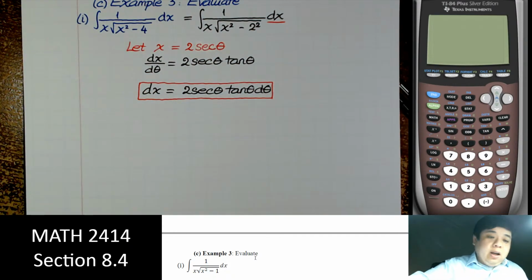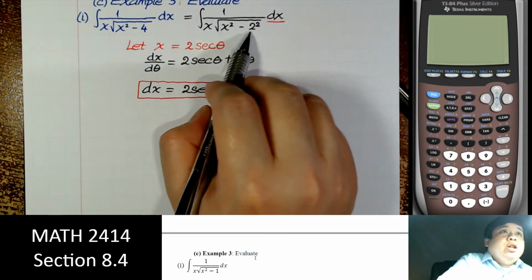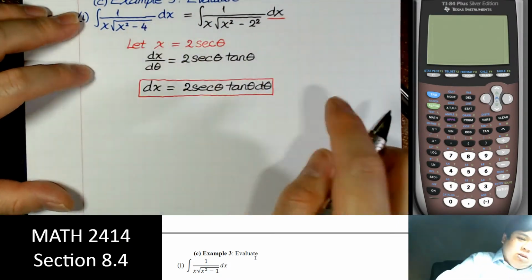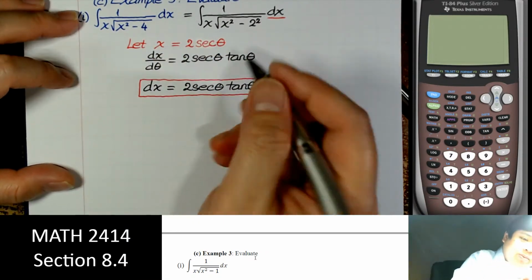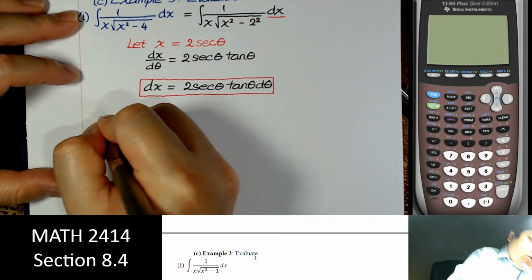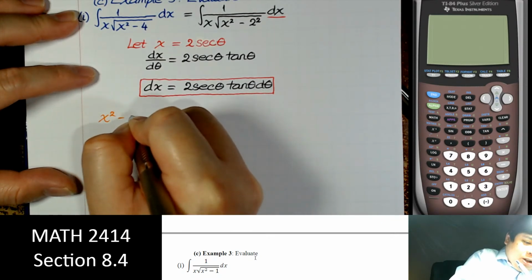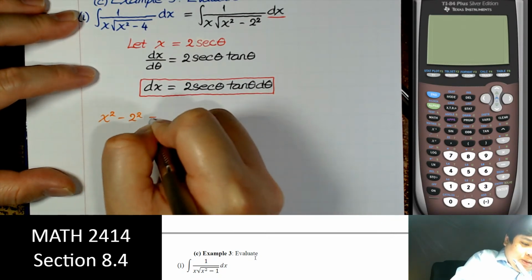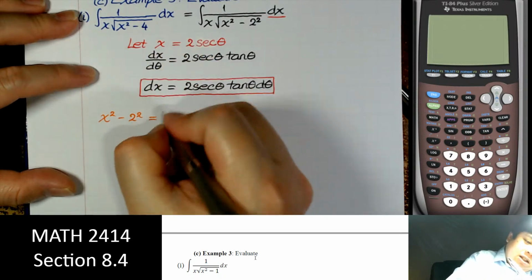Right. Next, we combine the two terms into one. Either one is fine. Let's go with that. x squared minus 2 squared. x is that.